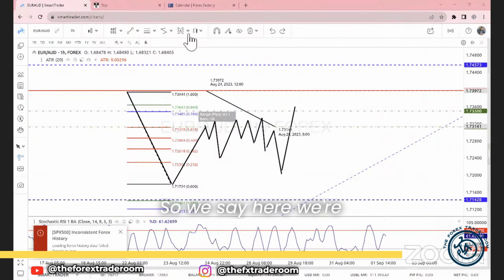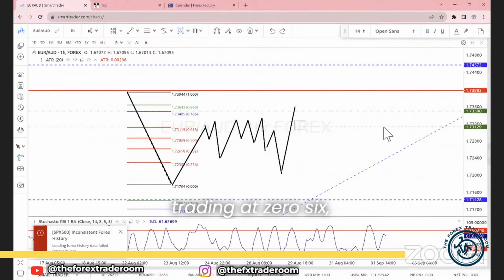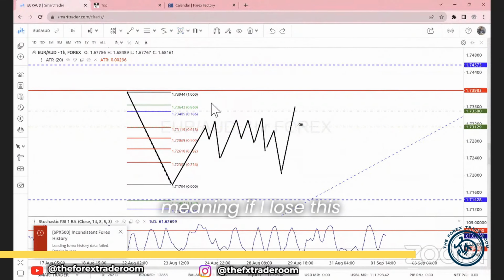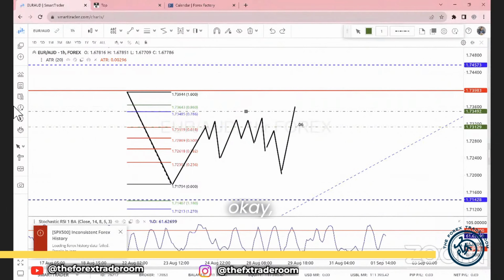Okay. So we say here we're trading at 0.06. Meaning, if I lose this trade, it's easy, right? 60 cents times 83, about $49.80. Call it 50. So at this level, because price pushed up higher, my stop loss on this is about 48 pips.